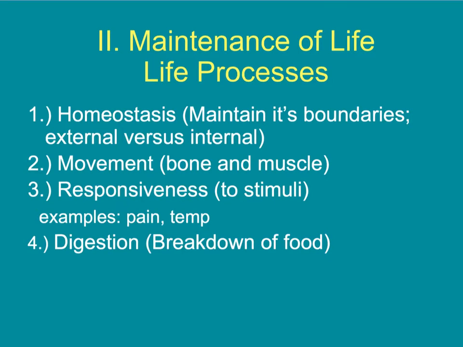In the human body, there are different life processes. For example, homeostasis is basically the tendency of the body to remain in a steady state. For example, you have a temperature in your body that is about 98.5 degrees Fahrenheit, give or take a few degrees.